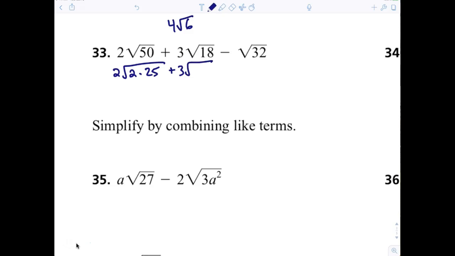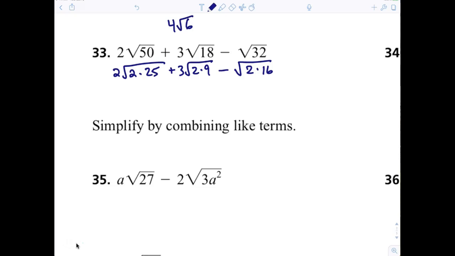And then 18 is what? 9 and 2. And then 32 is what? 2 and 16. There you go. That's not hard.